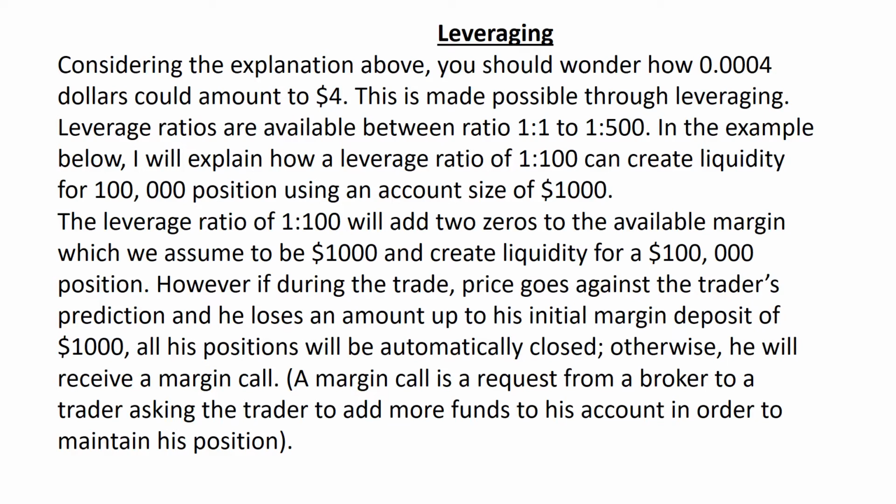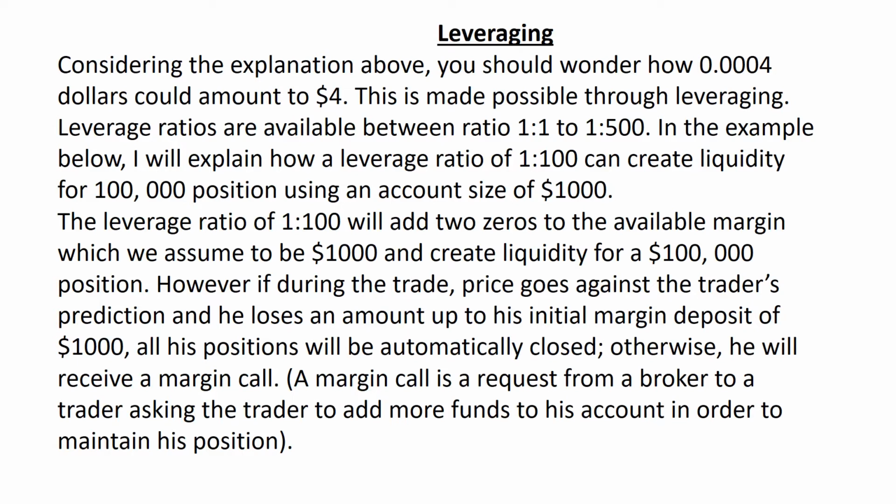The average ratio of 1:100 will add 2 zeros to the available margin, which we assume to be 1,000, and create liquidity for a 100,000 position.